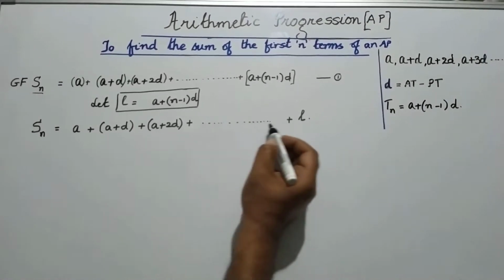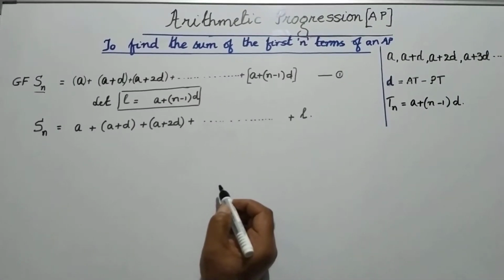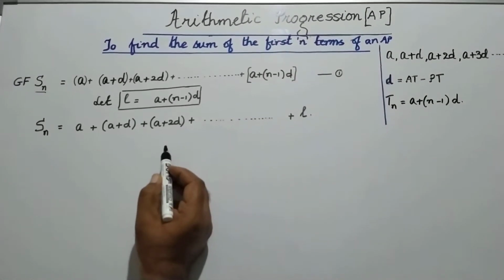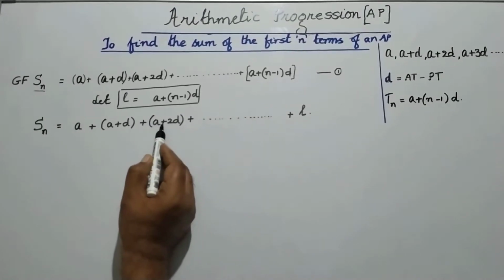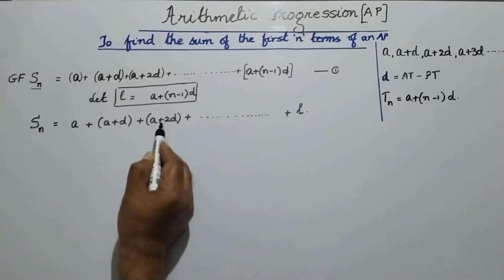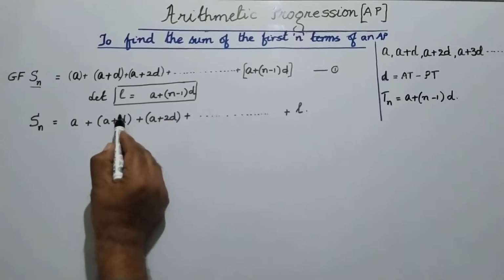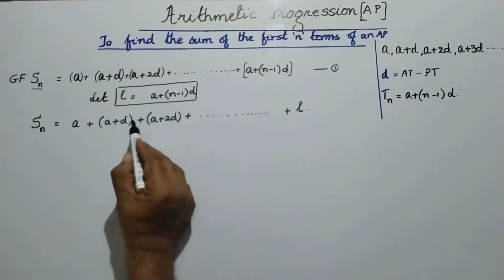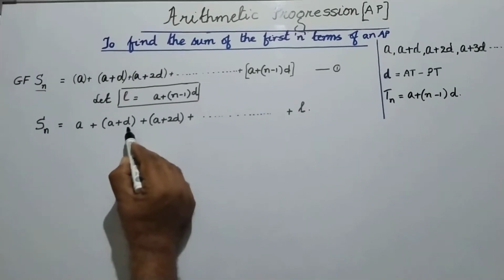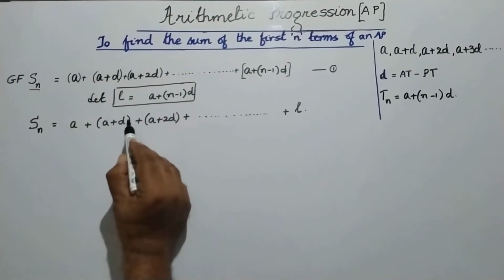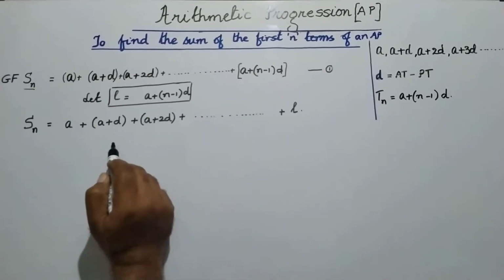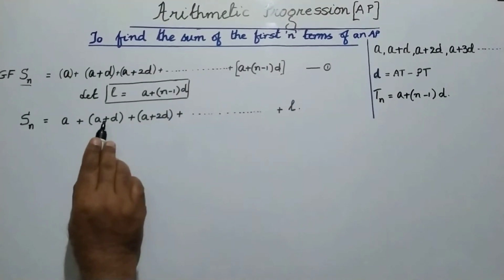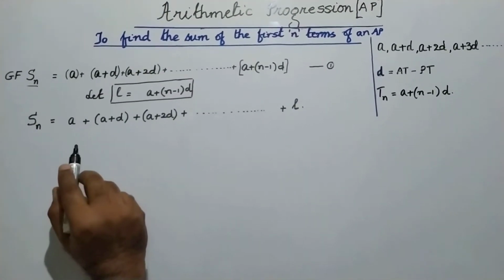Now in this form, if you observe the terms, the third term is A plus 2D, the second term is A plus D. So the second term is 1D less than the third one. The first term is 1D less than the second one.